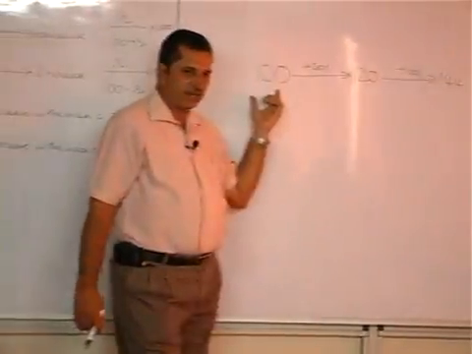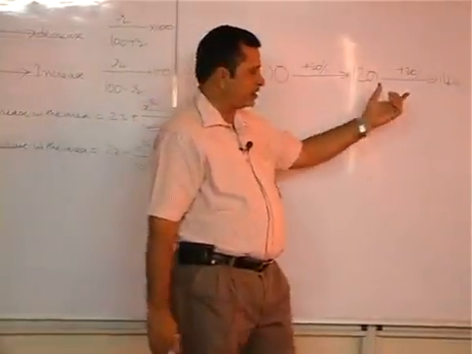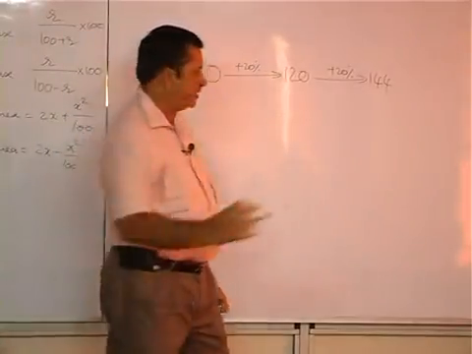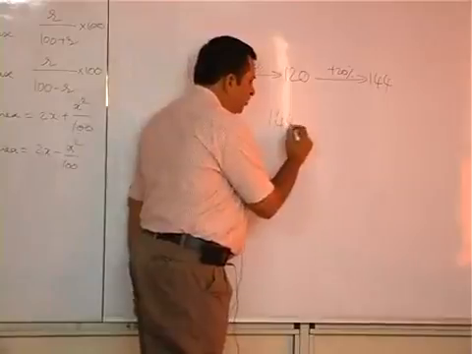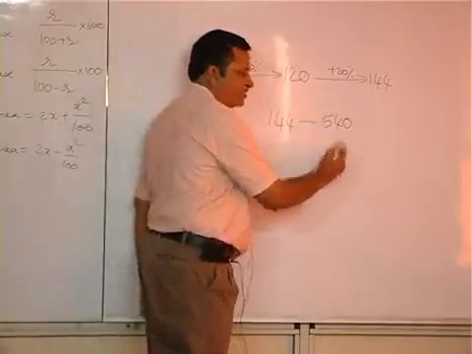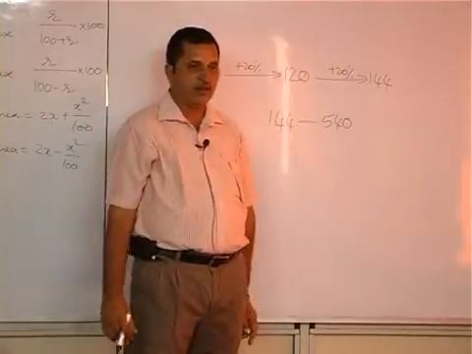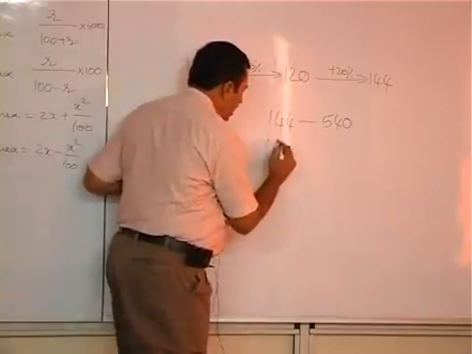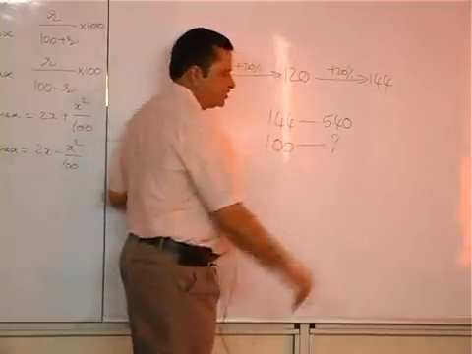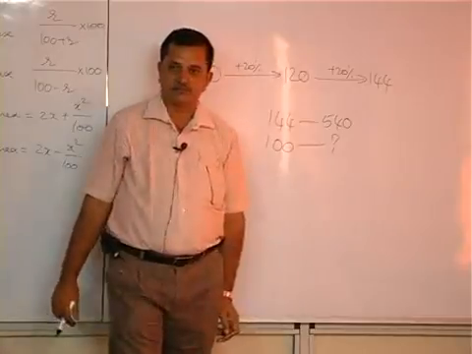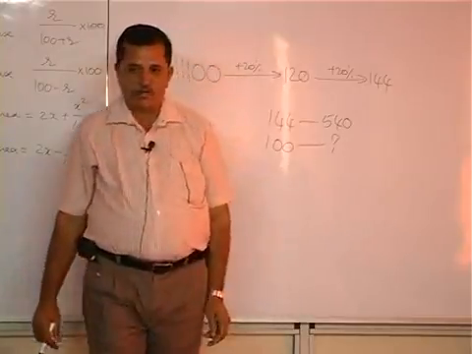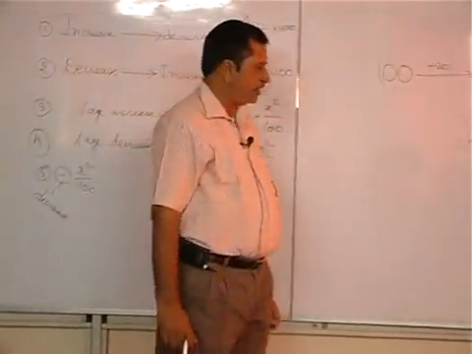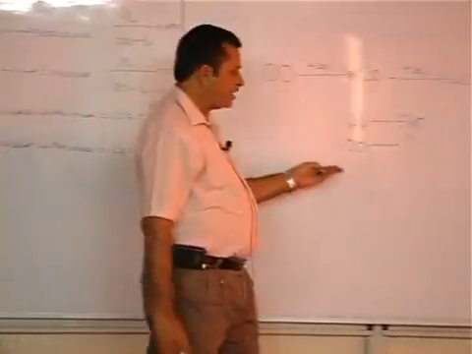This is the height of the tree 2 years ago. This is the present height. Now the height of the tree is 540 centimeters, means 144 will be equal to 540 centimeters, is it not? What it was when the tree was planted, means 100 will be equal to how much? So 144 is equal to 540 centimeters and 100 will be equal to how much?